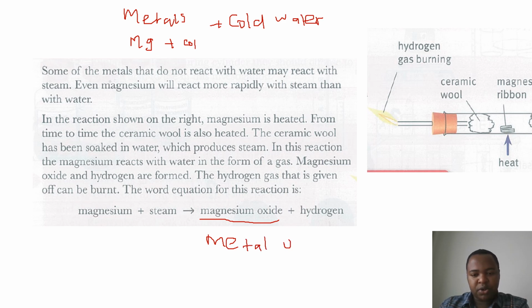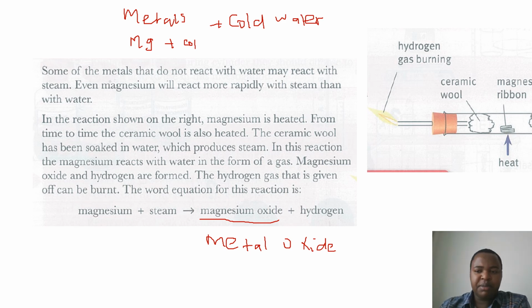You can do this for other examples as well. For other metals, there's no reaction. For example, gold is super unreactive. If you drop it in water, there will be no reaction.